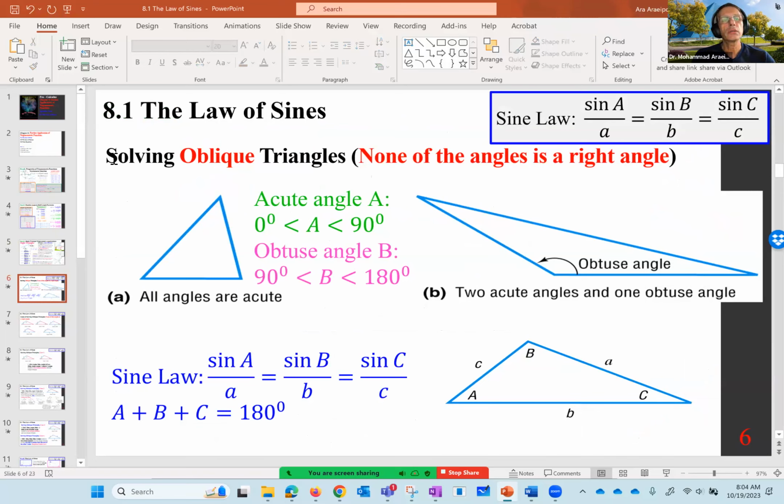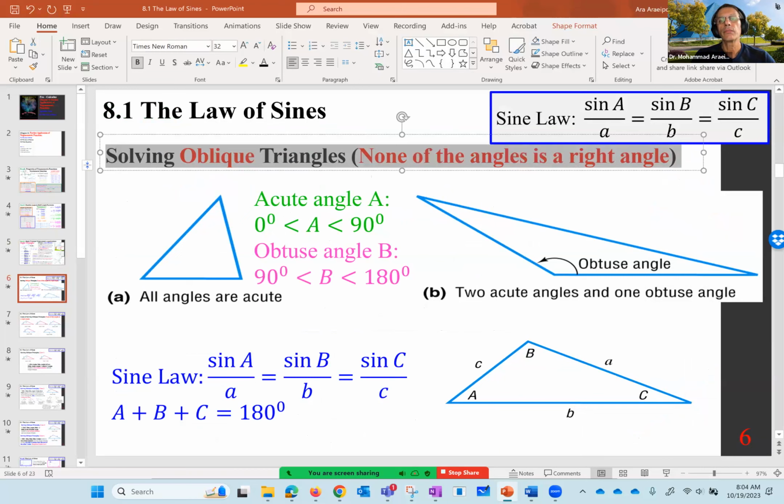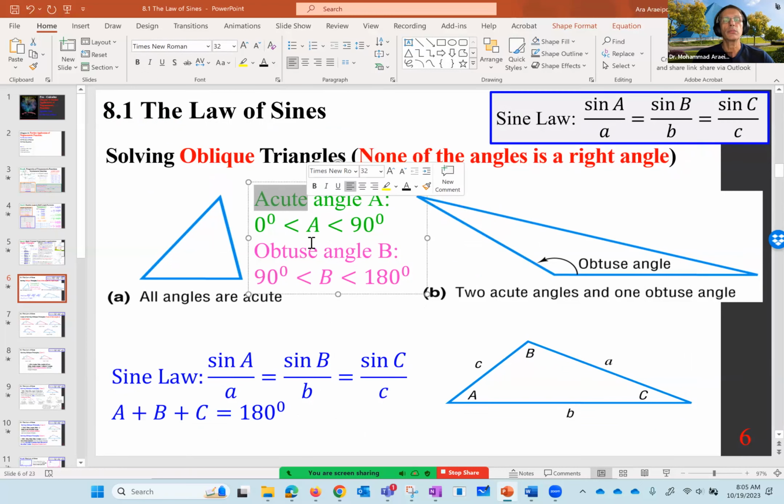Oblique triangles refer to triangles whose angles, none of them is 90 degrees or right angle. Acute means it's between 0 and 90 degrees. Obtuse means it's between 90 and 180 degrees.